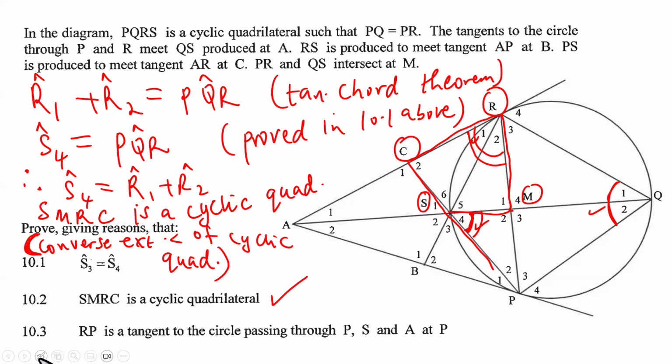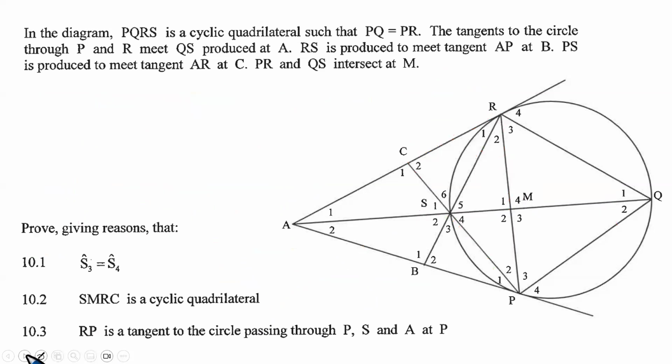And so we continue to look at 10.3. Proof, giving reasons, that RP is a tangent to the circle passing through P, S, and A at P. So we are saying RP.